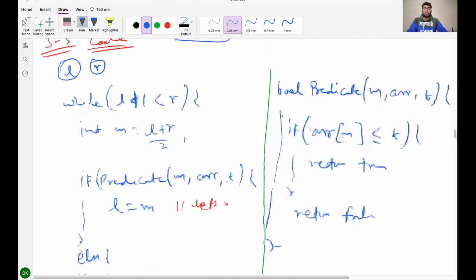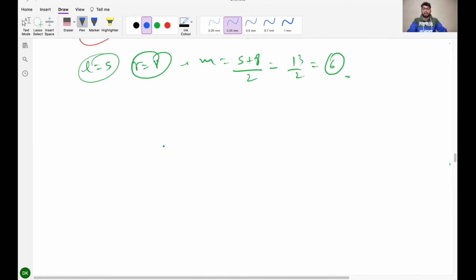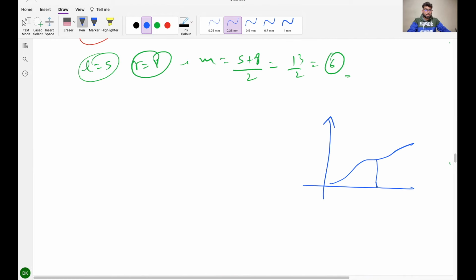Okay, now my L is, if I am in a graph, this is my T equal to 100, I call it B. This is my B0 region, this is my B1 region. Now my L is here, and what is this region?